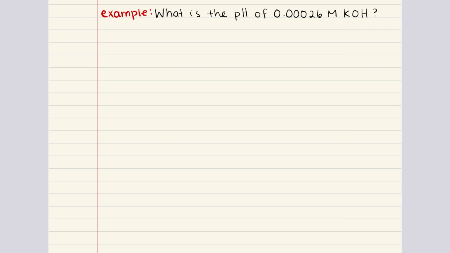That means that potassium hydroxide in water dissociates into potassium cations and hydroxide anions. And again, because it's a strong base, the concentration we start off with is the same as the concentration of hydroxide ions that we form.